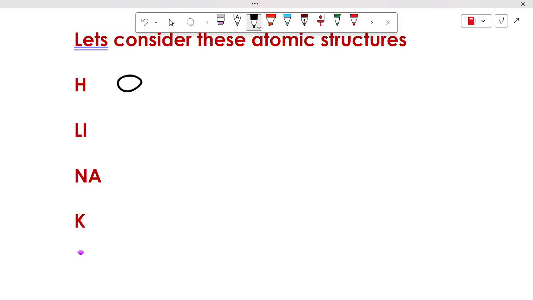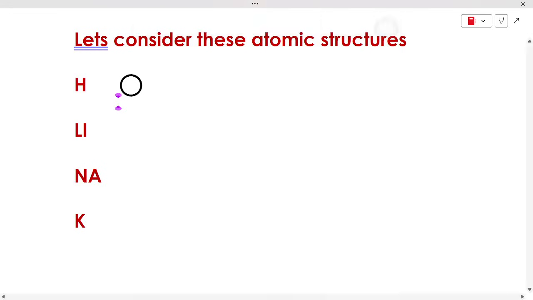So I can draw a simple one like this, putting one electron here.